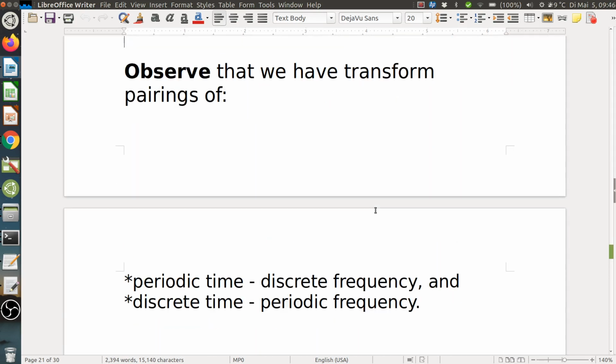So again, here we observe that we have transform pairings of periodic time gives us discrete frequency, where we have fundamental frequency and harmonics, and discrete time gives us periodic frequency, where we have a period of 2 pi. Right? In the case of the Z transform, we have a discrete time, and we get 2 pi periodicity in frequency domain, but continuous.